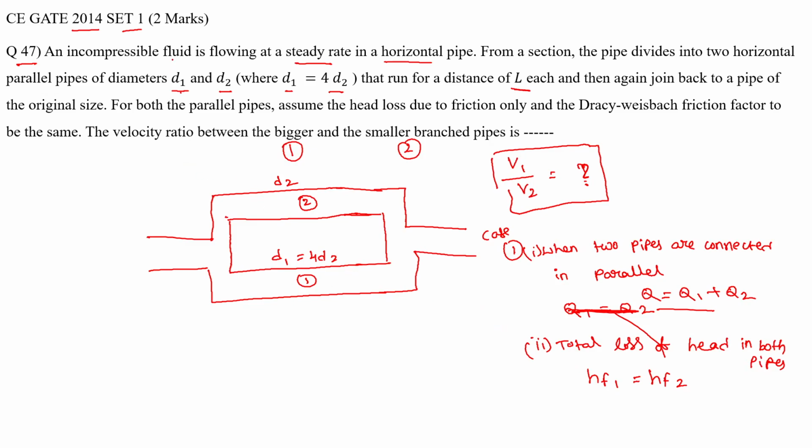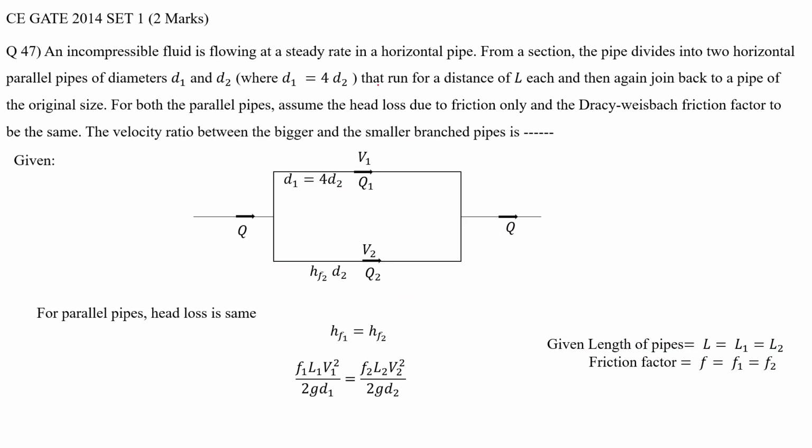So this is a 2 marks question, but it hardly requires one step to get the V1 by V2 answer. Just see what I have done here. Suppose this is a schematic diagram of the question. This is the initial pipe, divided into two branches: the first pipe and the second pipe, where D1 equals 4D2.